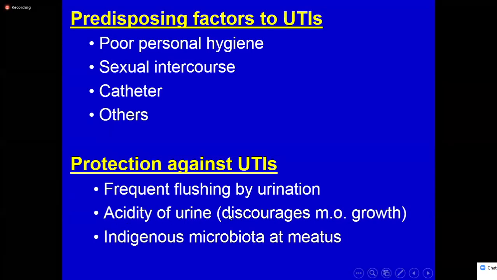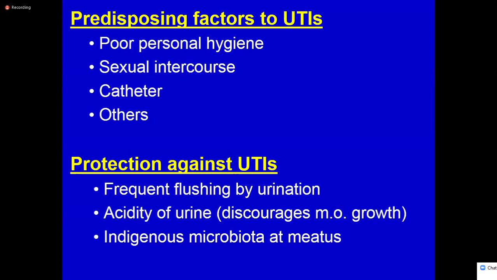Second thing, acidity of the urine. Normally, the urine is of acidic pH. This will discourage the growth of microorganisms. So, acidity of the urine.